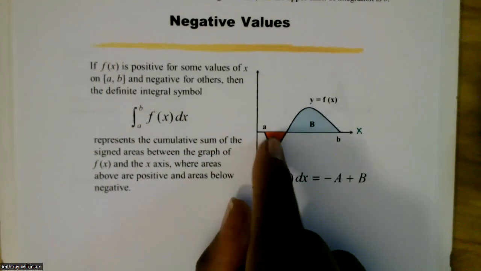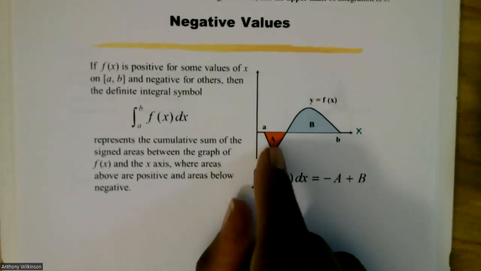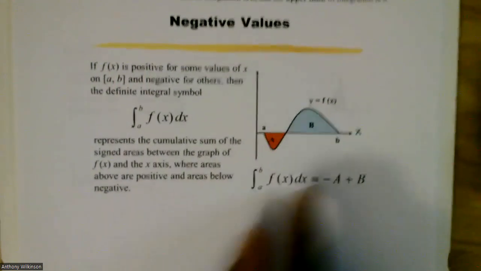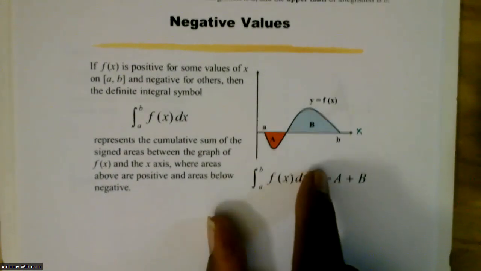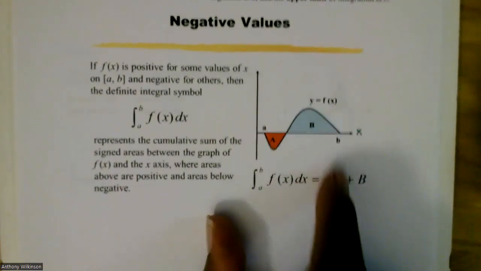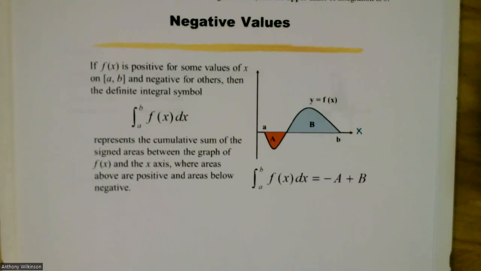Whereas if you have an area below the x-axis, like here, area A, that area will have a negative sign. So the integral from a to b of f of x dx would be equal to the negative area of A plus the positive area of B.